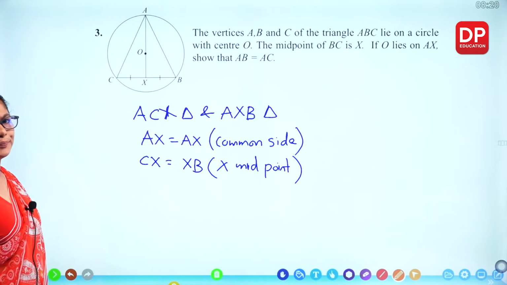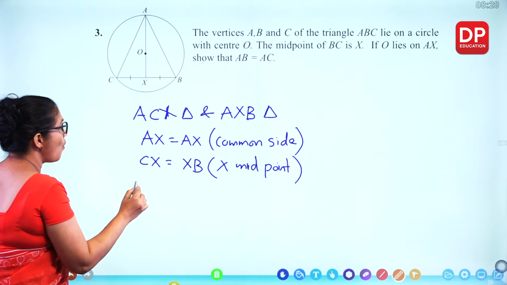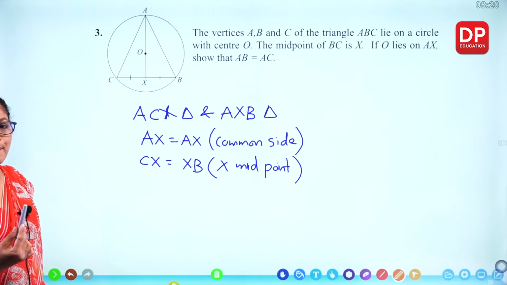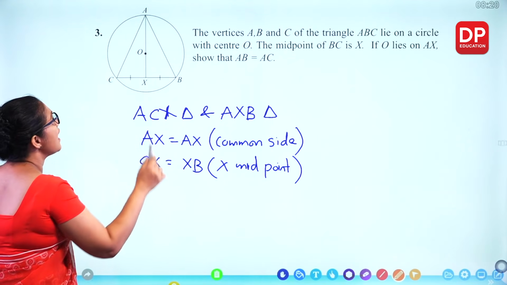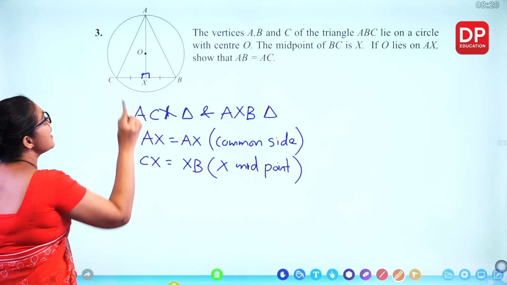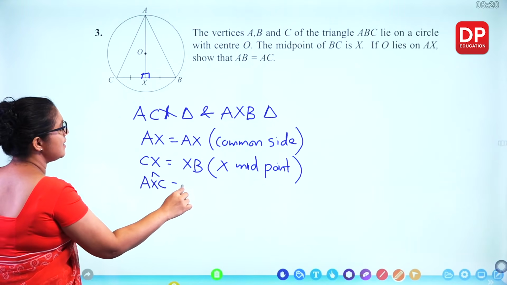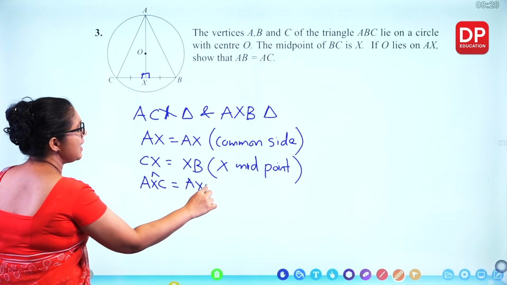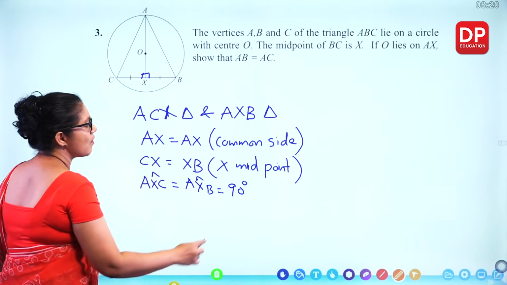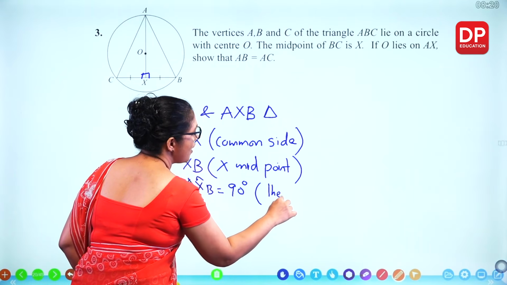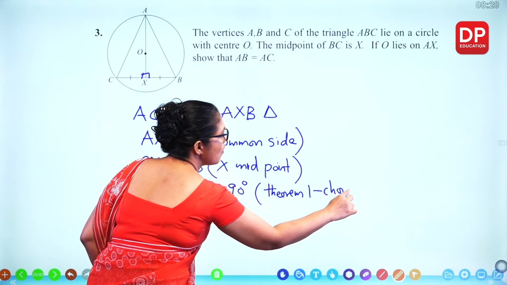What else do we know? We know this is passing through the center, which means OX is perpendicular to BC. So what can you say about the angle? We can say AXC angle and AXB angle both are 90 degrees according to theorem 1 in chords.